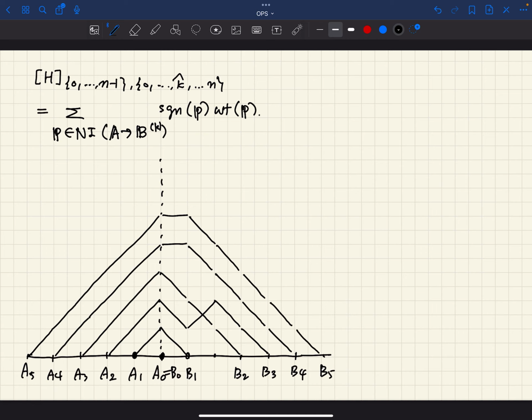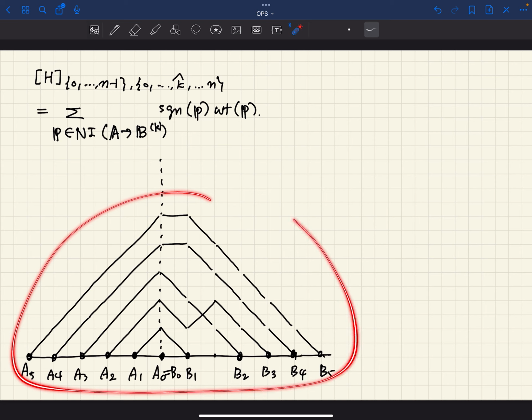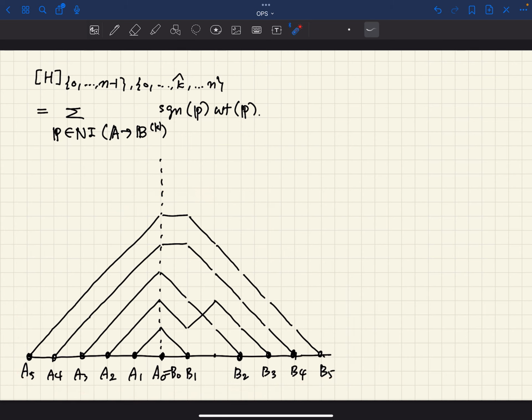So we have a non-intersecting lattice path like this. Although they have some crossings, it's considered to be a non-intersecting lattice path because they don't share any common vertices. So that's what a non-intersecting lattice path means. All right. Now we need to investigate non-intersecting lattice paths. We need to find some properties of this.